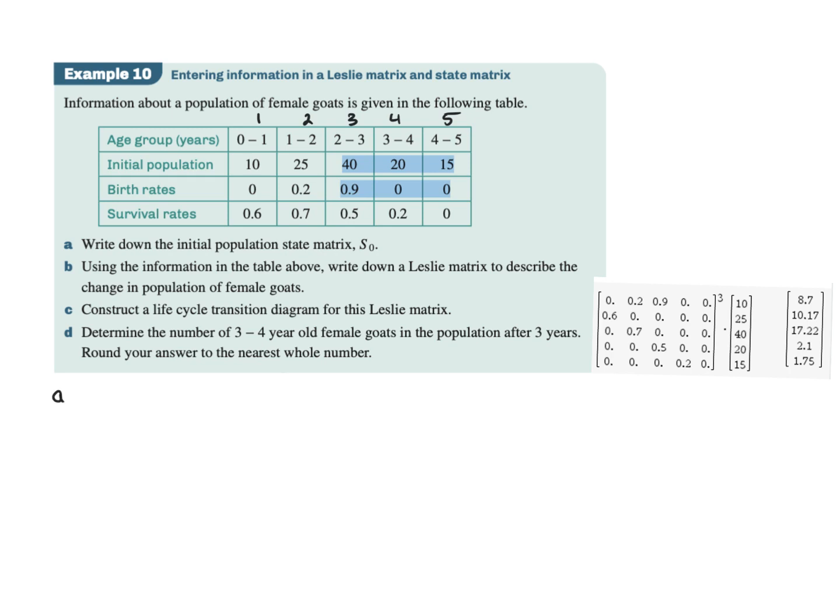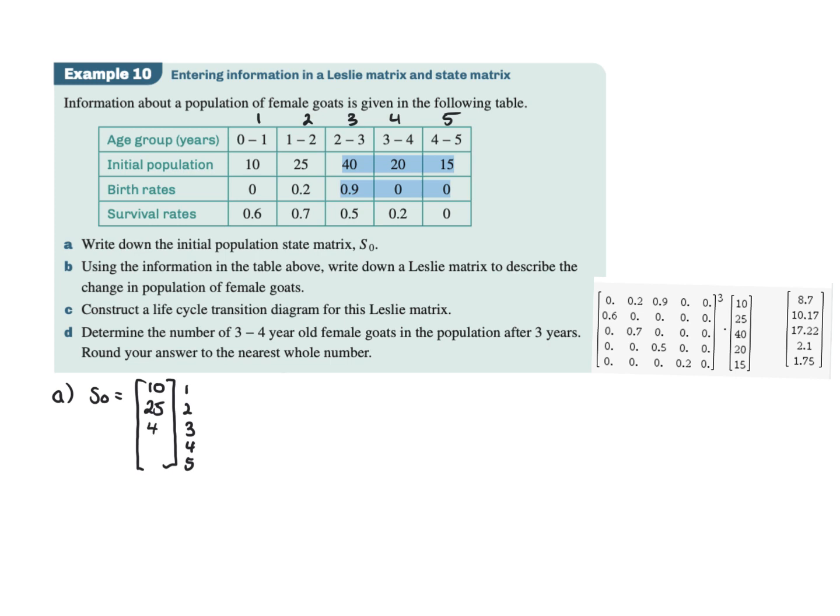So remember S0 is going to be a state matrix like this. We're going to have the 5 categories, and we're going to put the original or initial population. So my first number would be what? How many of the first group? 10, 25.